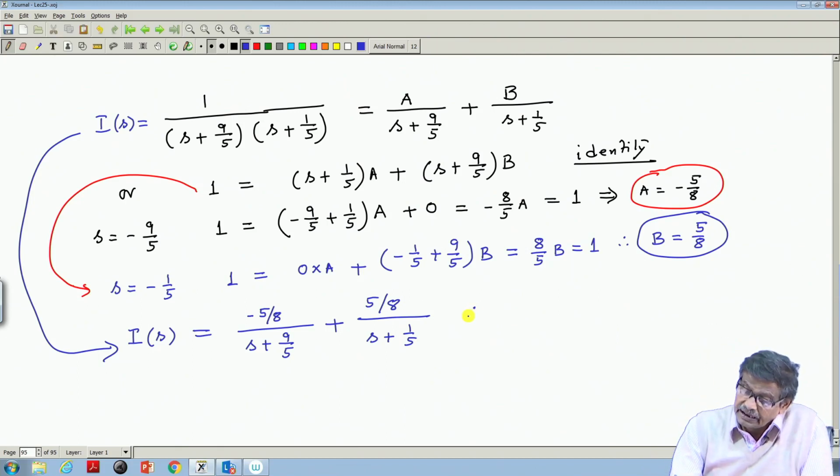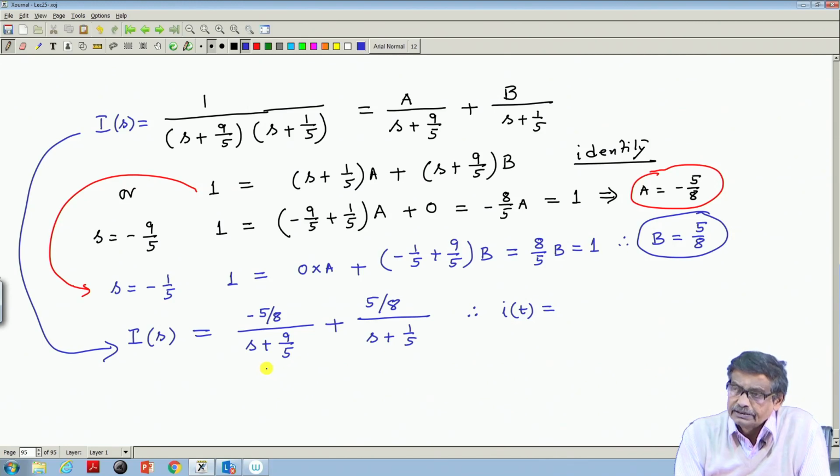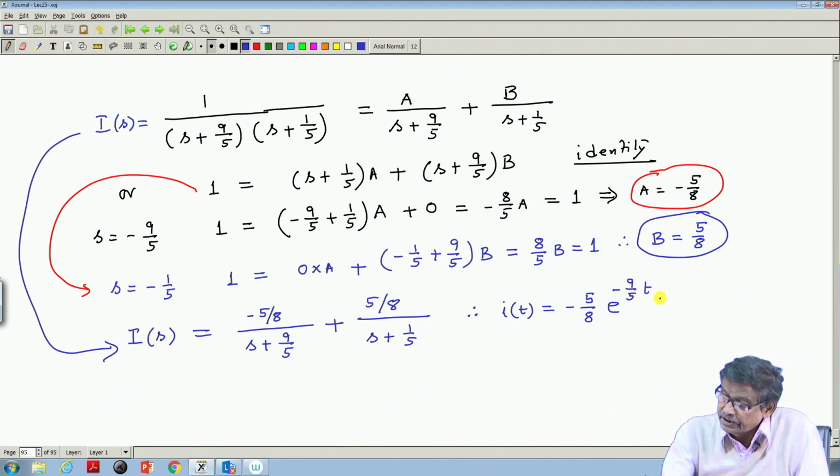Therefore, take Laplace inverse of both sides, so that it will become i(t) on the left hand side, and on the right hand side 1 by S plus a, its Laplace inverse is e to the power minus a t. So, it will be minus 5 by 8 into e to the power minus 9 by 5 t into u(t).